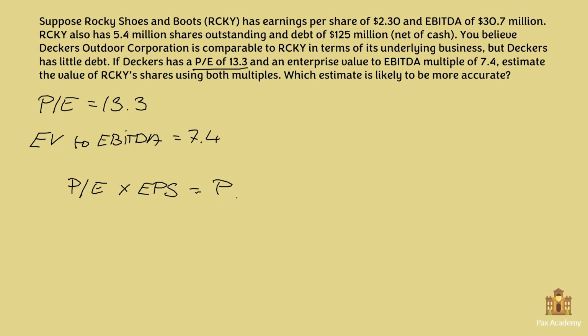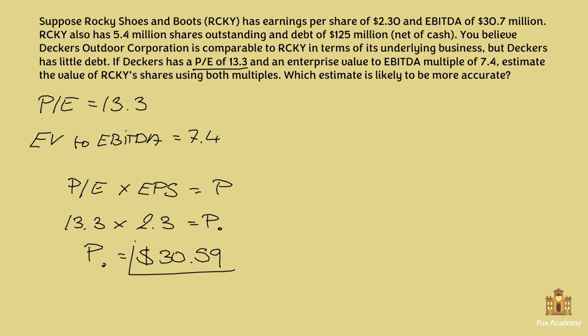In our case, this is 13.3 times the EPS, which is 2.3. And this should give you $30.59. So this is theoretically the value of Rocky shares using the PE ratio to compute it.